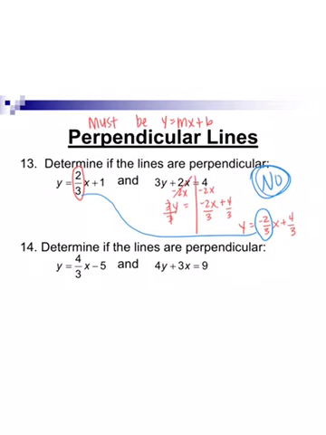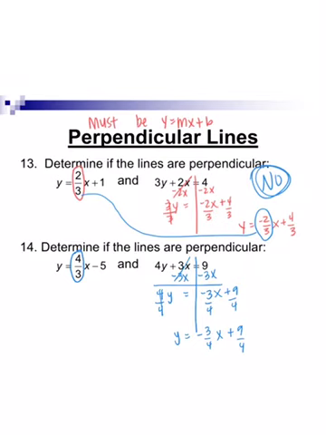Okay. Determine if these are. Our slope is 4 over 3. So now we check the second equation. I'm converting it into slope-intercept form, y equals mx plus b. Divide everything by 4. And y equals negative 3 over 4x plus 9 over 4.